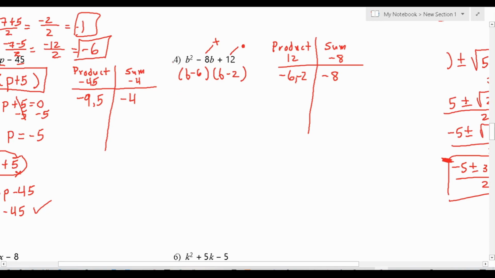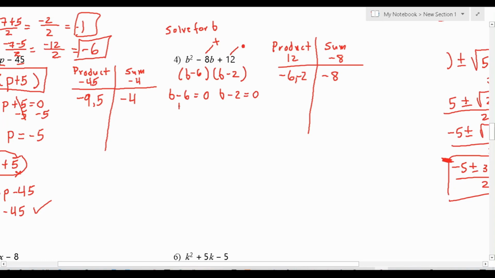Again, on the ASVAB, it would say solve for b in this case, and you would have to know that you can either use the quadratic formula or a factoring technique to solve this one. Either way, you're going to have to set these equal to 0: b minus 6 equals 0, and b minus 2 equals 0.